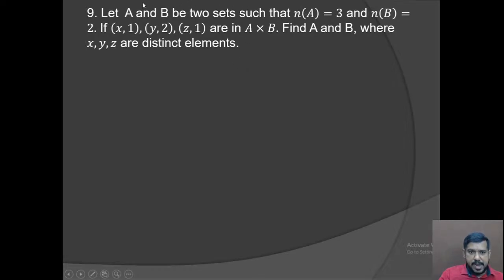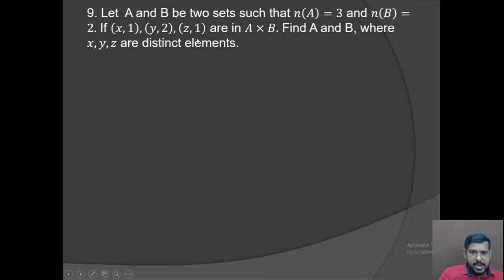Number of elements in set A is 3. Number of elements in set B is 2. So A cross B is the Cartesian product. So n of A cross B means 3 into 2, totally 6. That doesn't matter.